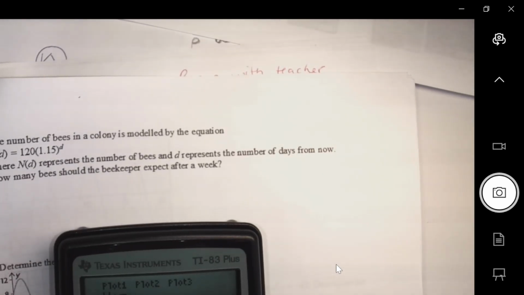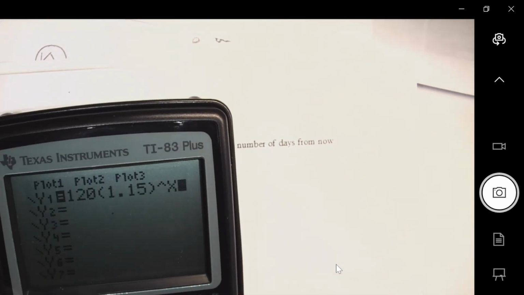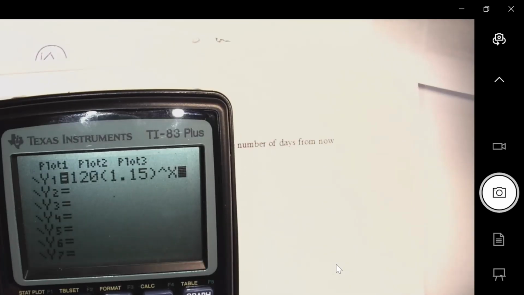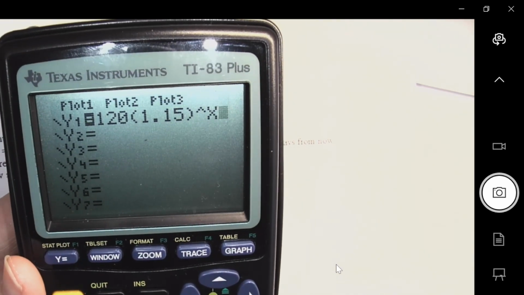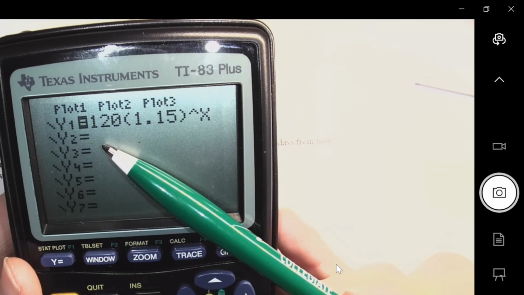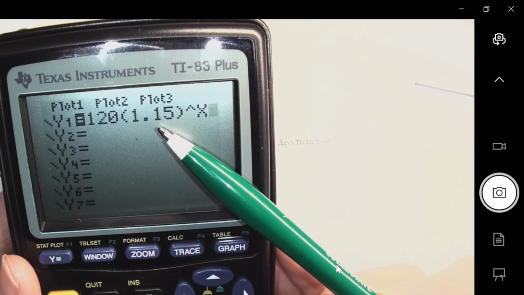Okay, so we have an equation, so we can go right into our calculator and put this in. So y equals... I already know my y-intercept is 120, and I also should already know that it's increasing because this is 1.15.